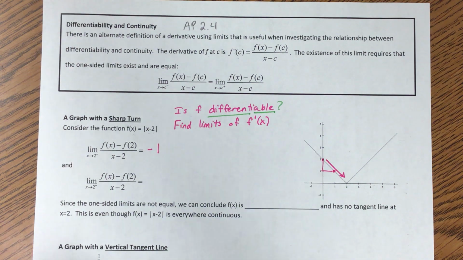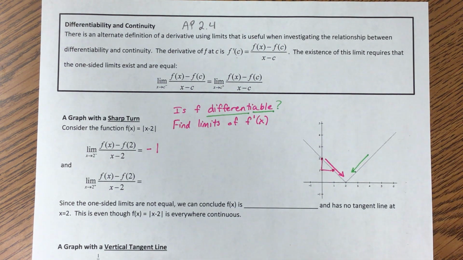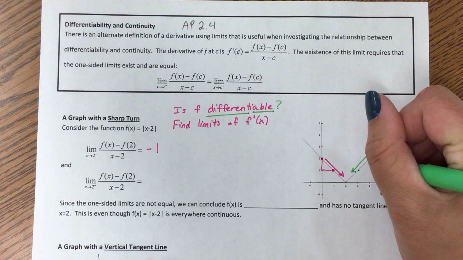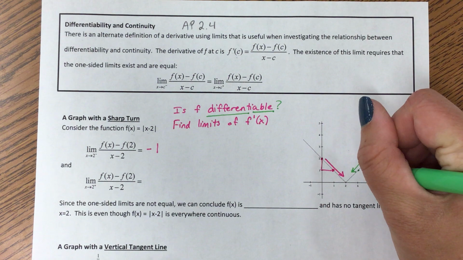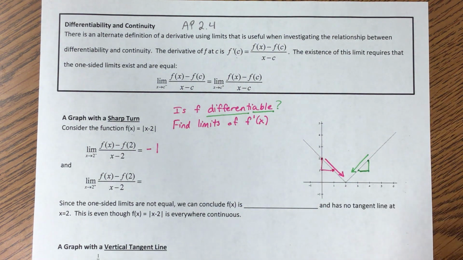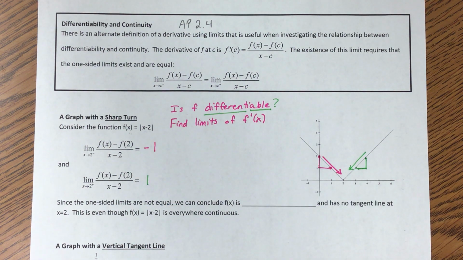Use a different color for the right side, coming in from the right. Our slope, if we start here and end here, we move down 1 and left 1, or up 1 and right 1, it doesn't matter. We have a positive 1 for our slope. Are those numbers equal?